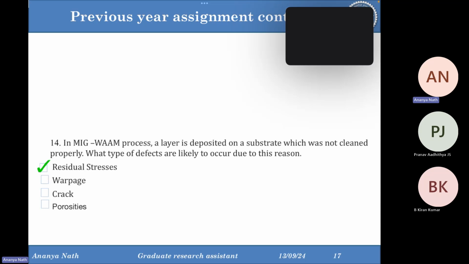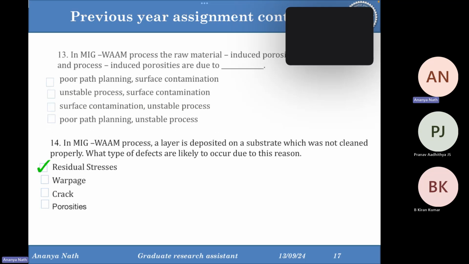I am not sure about this answer because warpage, porosity, every type of defect may occur, but how this question was set, I don't know what preference was given to the answer. So I'll not comment much on this. Let's move on to the next question.